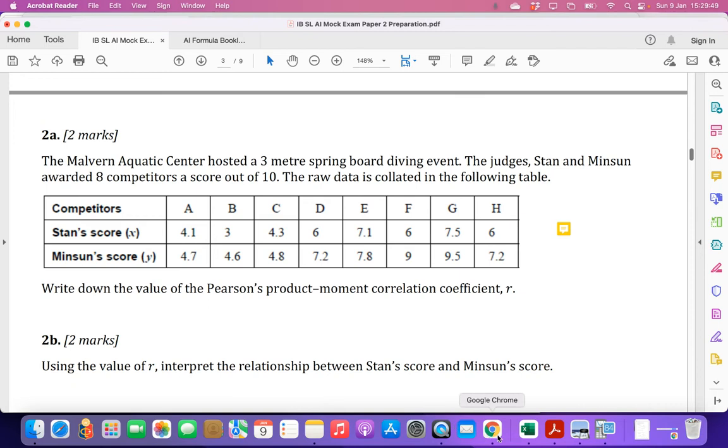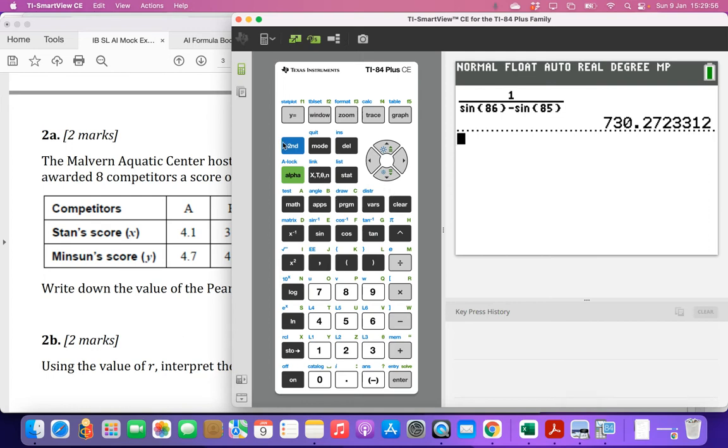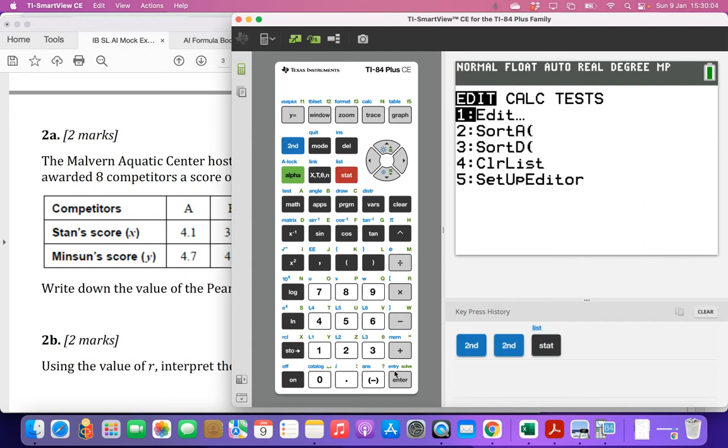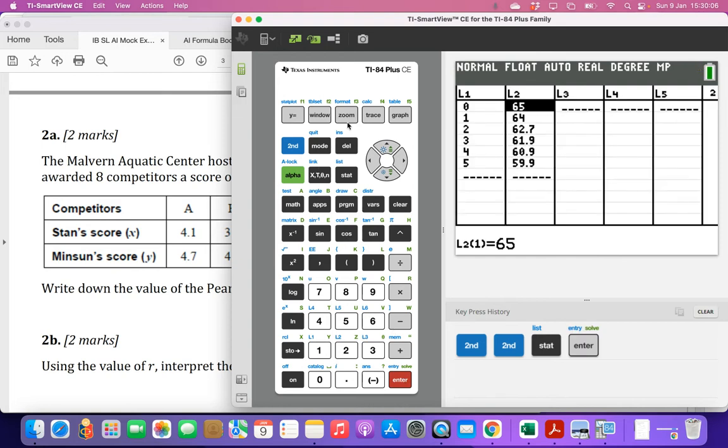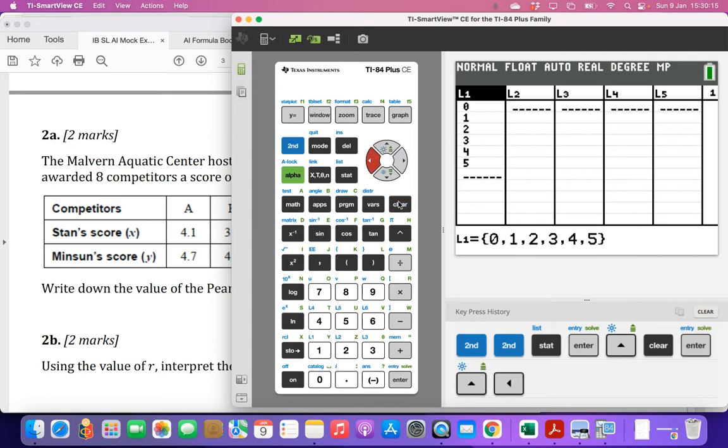So I'm going to go to the TI-84 here, and I'm going to put that data in list 1 and list 2. Just go to stat, edit, and again I have some information from old ones here. I'm just going to clear that information out. Do not delete the list. Go up to the top to clear.